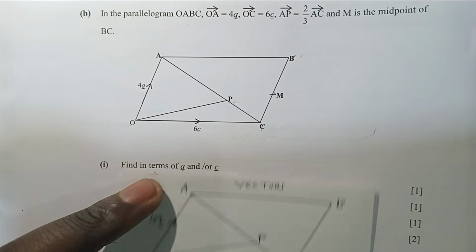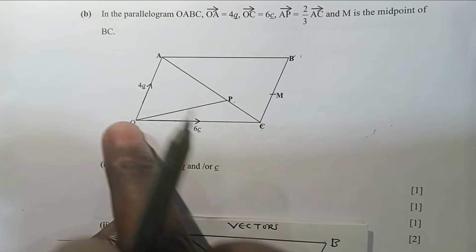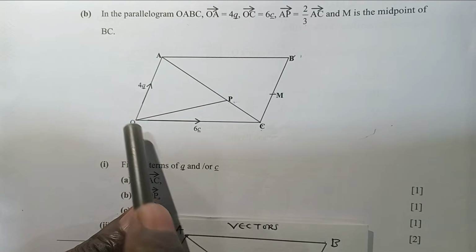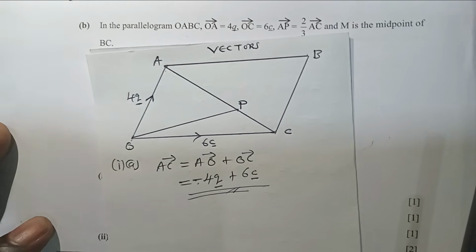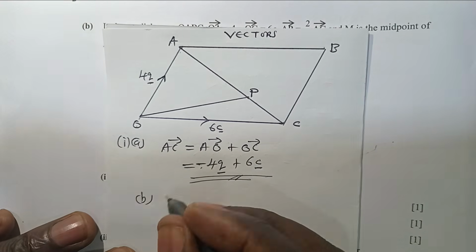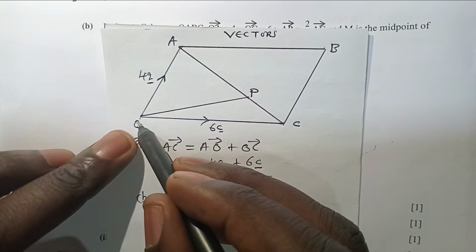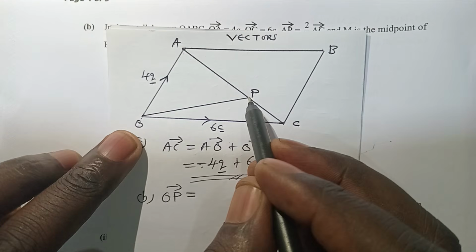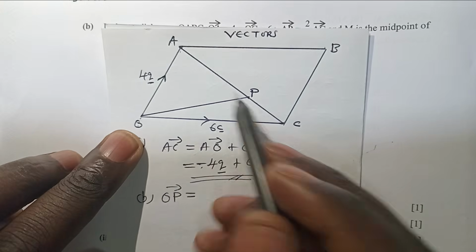We can move our attention to the second part, which talks about the vector OP. How can we find the vector OP? Again, for part B, the vector OP equals, starting at O, ending at P, the alternate route can be OA plus AP.